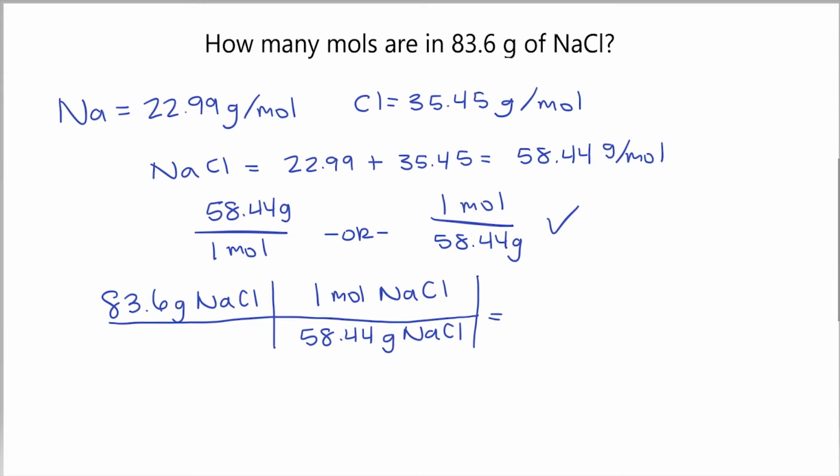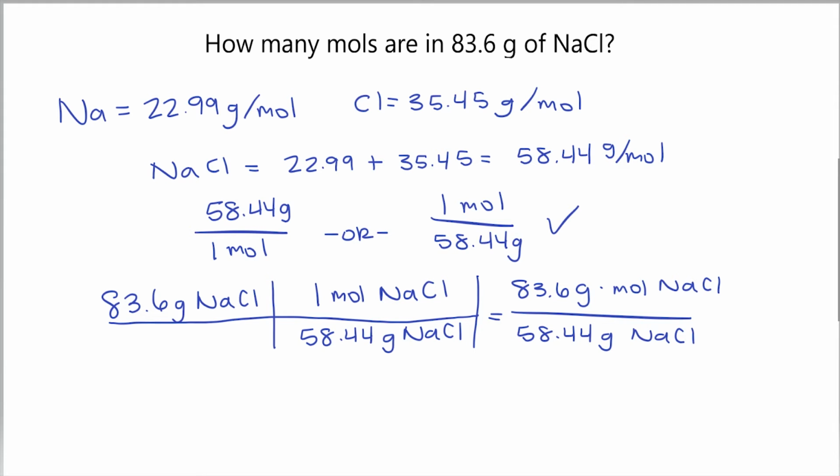So 83.6 times 1 is still 83.6. Another note is we have to multiply our units. So we have grams and we have moles. So this is going to be grams times mole of NaCl. Then on the bottom we have our 58.44 grams of NaCl.